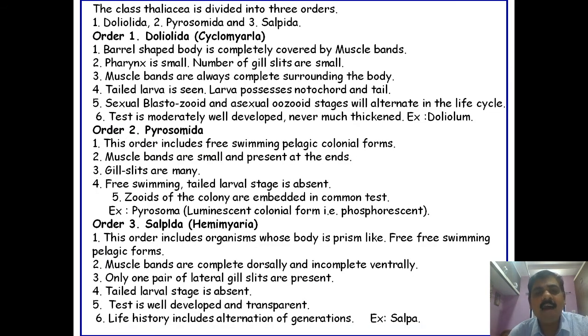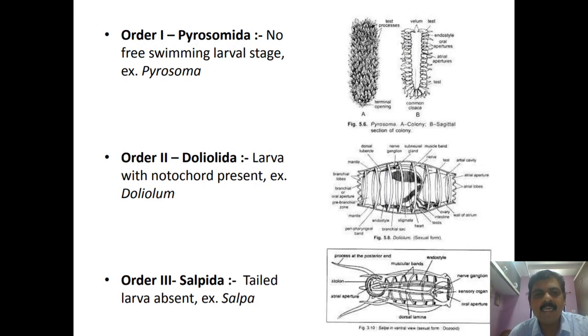This Thaliacea is divided into three orders. One is Doliolida, another one is Pyrosomida, and the third order is Salpida. This is the first order, that is the what? The Pyrosomida. There is no free-swimming larval stage in the Pyrosomida.